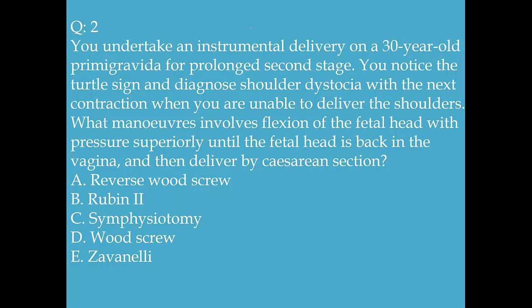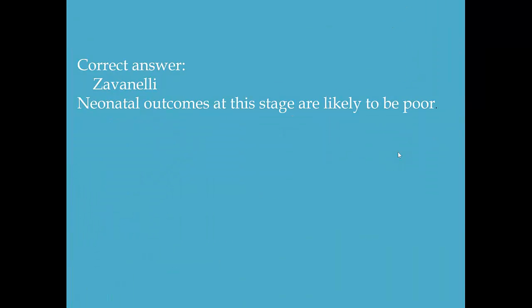Answer is Zavanelli's maneuver, E. Yes, E is the right maneuver, because the head is pushed back inside the vagina and cesarean section is done. Correct answer, Zavanelli. Neonatal outcomes at this stage are likely to be poor.